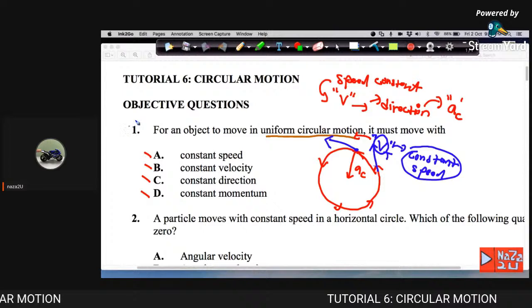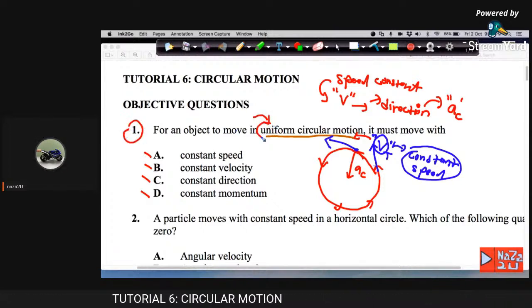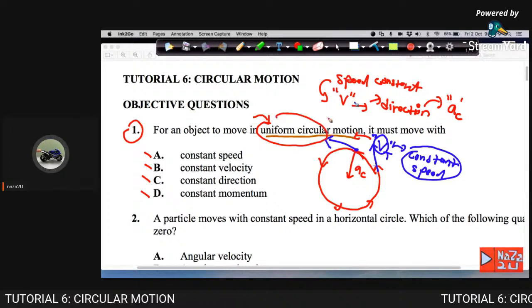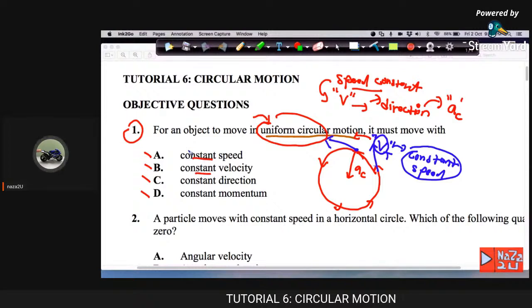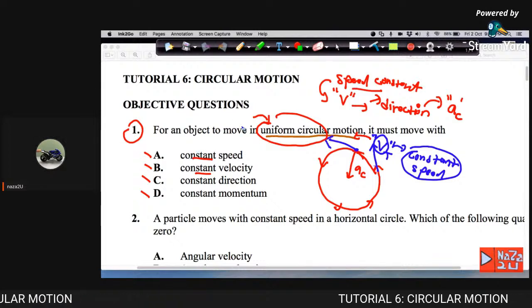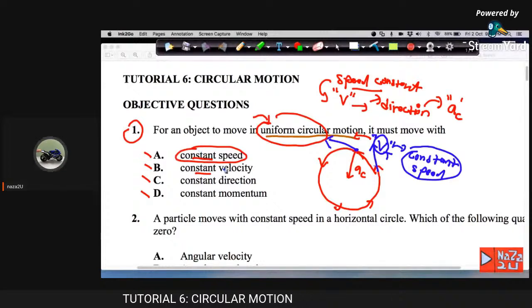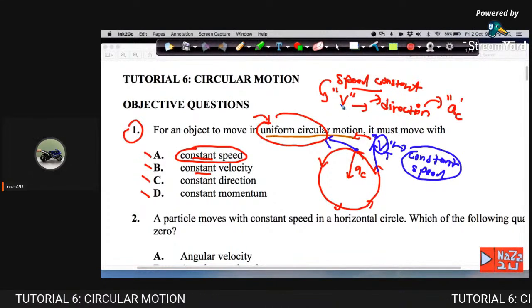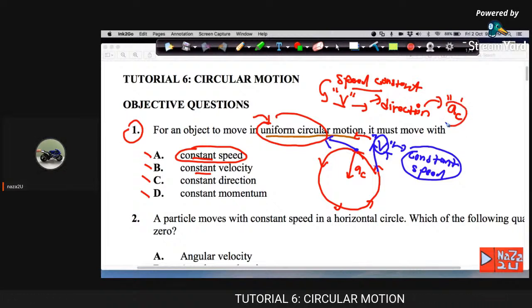If you look at question number 1, it asks for the object in a uniform circular motion, meaning we have a constant speed. So if you look at the answers A, B, C, or D, the answer here is constant speed. Constant speed, but change of direction produces centripetal acceleration AC.